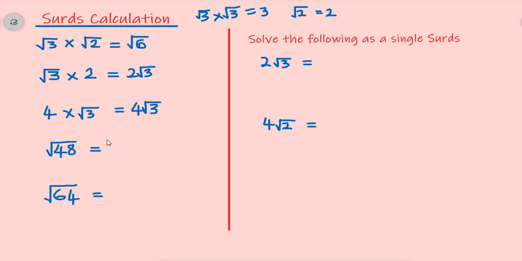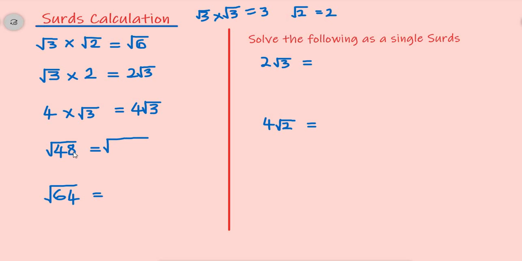Root 48, very simple. Remember, in our basic form of solving, we can break it down into two factors, where one of the factors must have an exact square root. For example, this is 48. So what can you do?